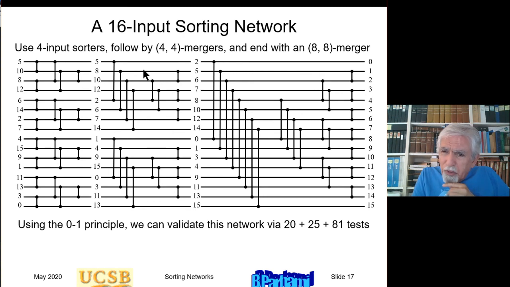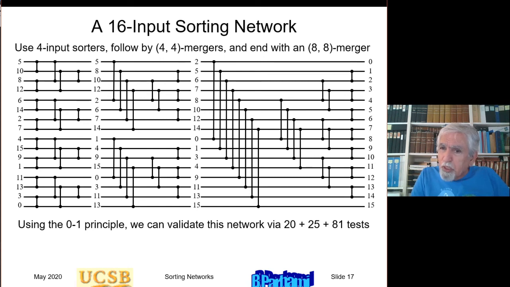And the 4-4 merger basically needs only 25 tests because it's guaranteed to have these 4 inputs sorted, and it's guaranteed to have these 4 inputs sorted. So a sorted 0-1 sequence of size 4 can have only 5 possible values.